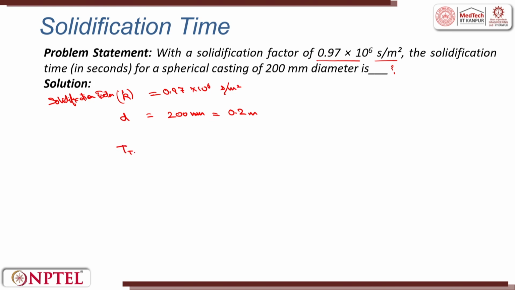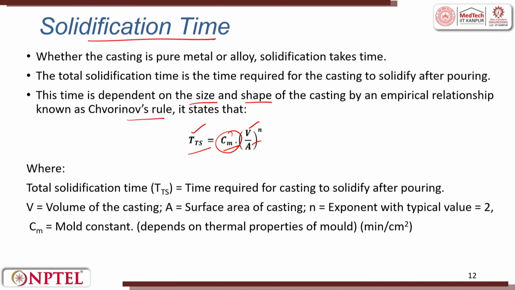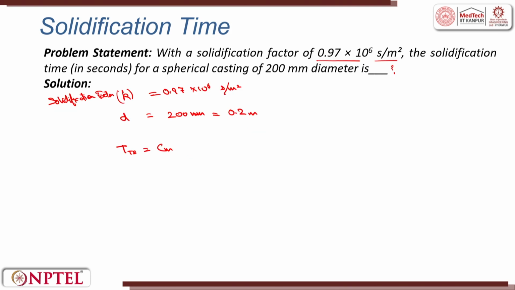Solidification time T is equal to Cm, which is also denoted by K, times the ratio of volume to A, and I am putting the value of n as 2 here.